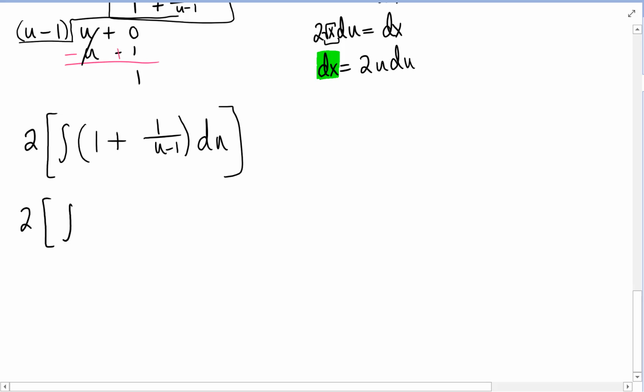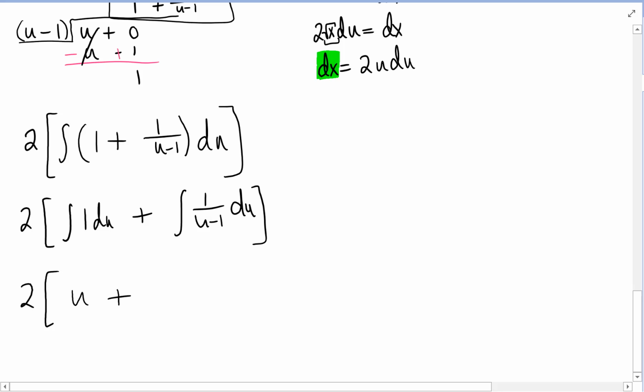So I'm integrating 1 with respect to u, and I'm integrating 1 over u minus 1 with respect to u. 2 times the integral of 1 is u plus, so what I did was write v is equal to u minus 1 because we're already using u, so I'm going to use v instead.